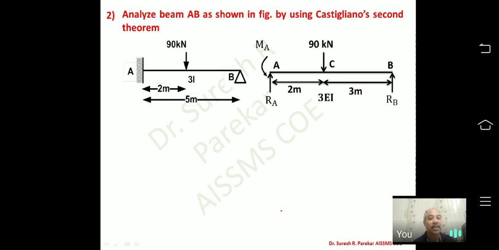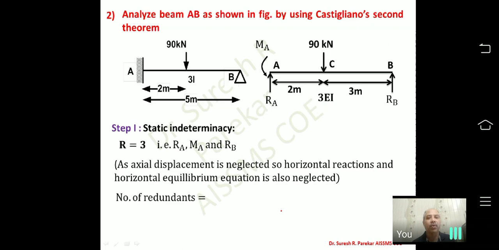So again we have static indeterminacy: we have 3 reactions, RA, MA, RB. We have two equilibrium equations, and therefore we require only one redundant, and we have considered the redundant as RB.